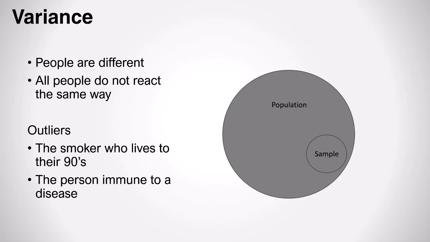So that could be the smoker who lives to be in the 90s, even though they've smoked all their life, or the person who's totally immune to a certain disease.